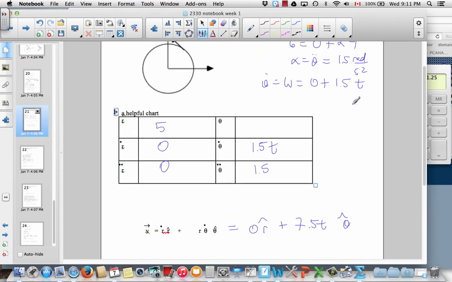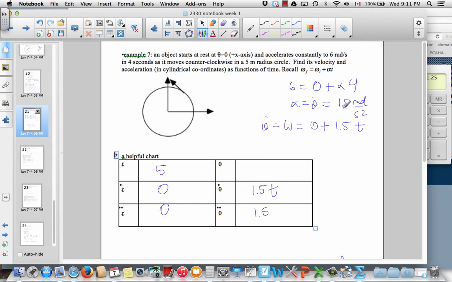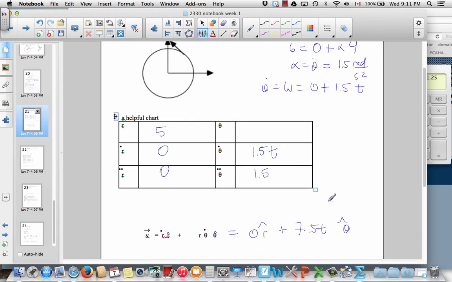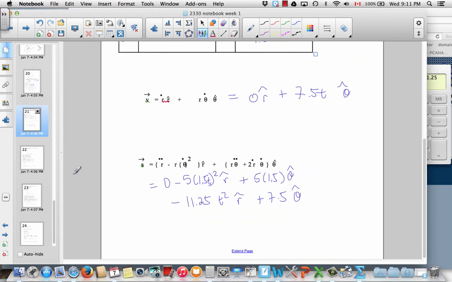Now that 7.5 is r times alpha, right? So that angular a is r alpha, and alpha being 1.5 and the radius being 5, that makes perfect sense. So that's consistent with what we would have done before in elementary physics.